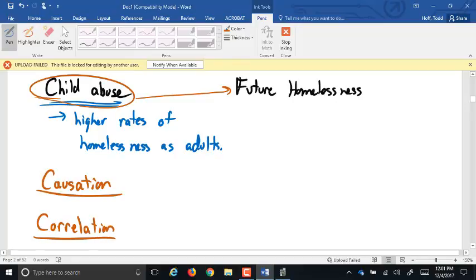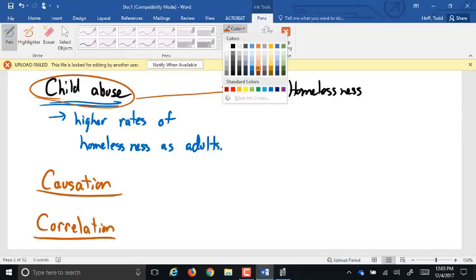In other words, people that are abused as children do have higher rates of homelessness later on, but the homelessness isn't caused by the child abuse. There's a third factor that causes both of them. So I want you to think about that for a couple of minutes, and we'll discuss it in about 2 minutes.